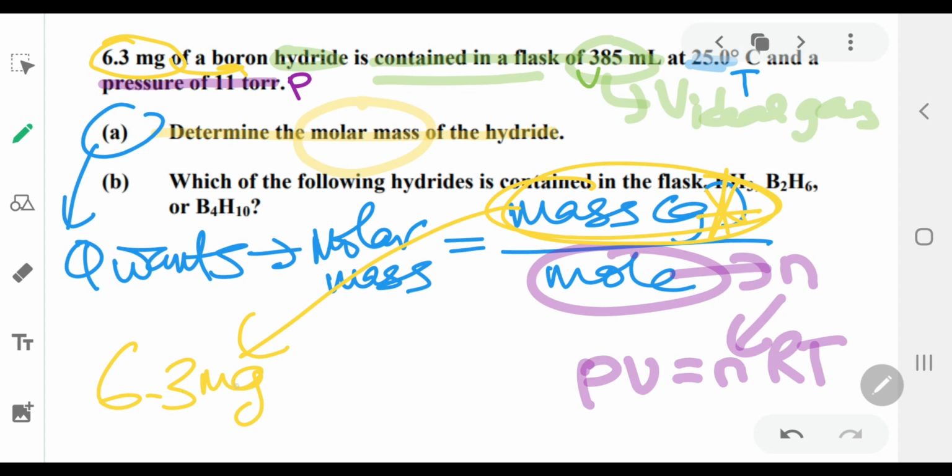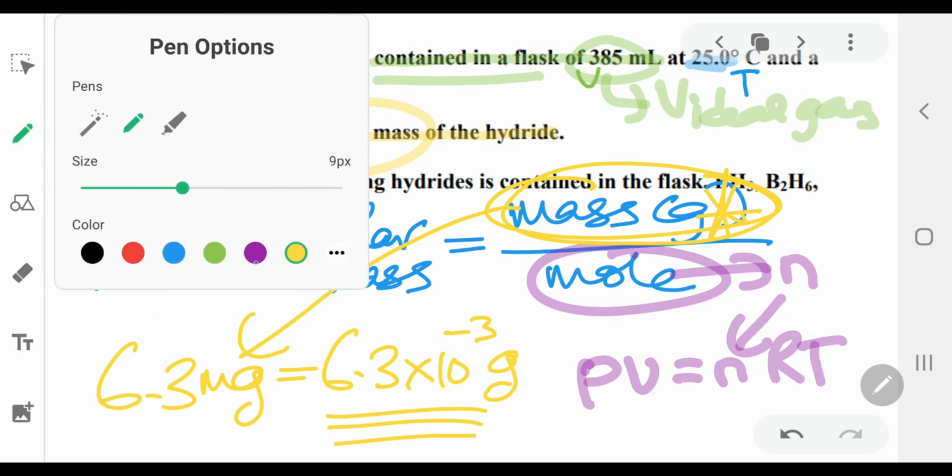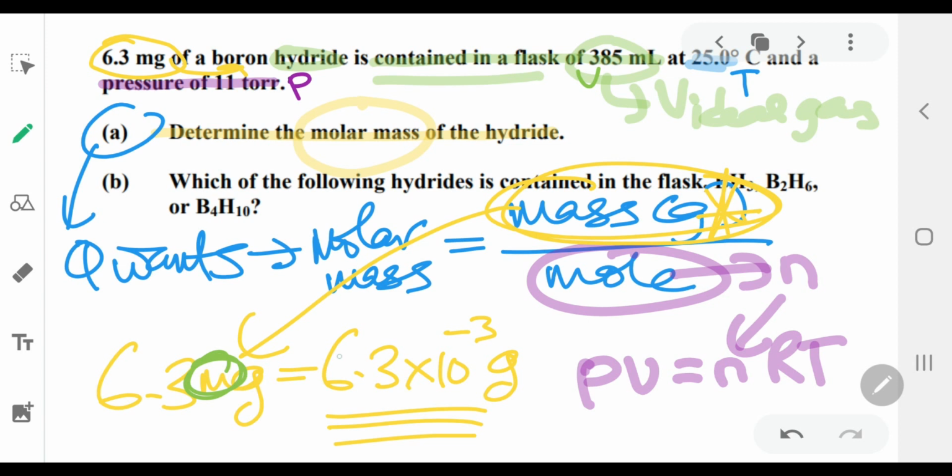So 6.3 milligrams is also equals to 6.3 times 10 to the power of -3 grams. Okay? So the milli over there is equivalent to 10 to the power of -3. Okay, so we have done some very simple investigations on your question. We just want to find out what are the things that we need to use.